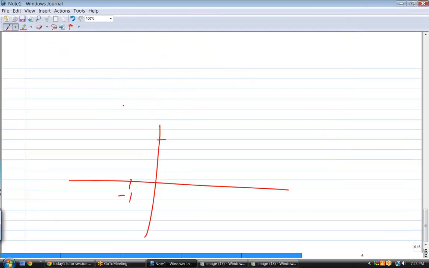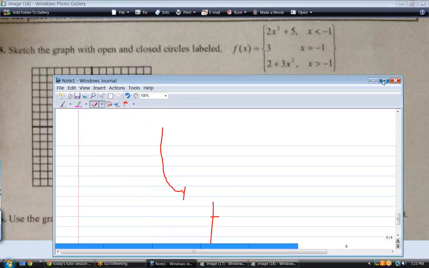In other words, let me graph the function as I think it would look if it was the whole thing. Okay, well, we only want this piece right here. Everything else gets erased. So that's the first part of the function.